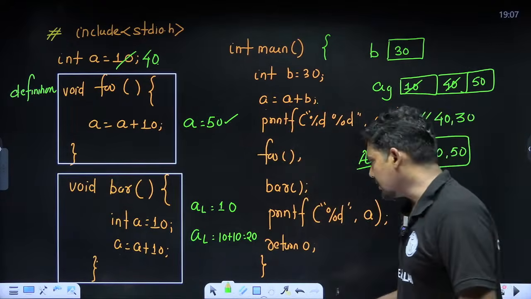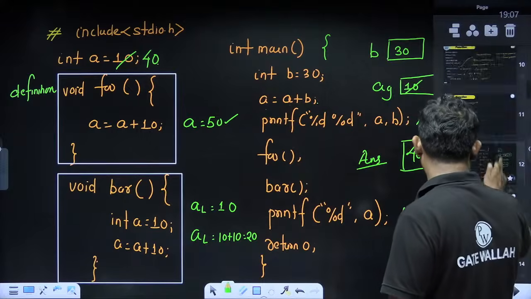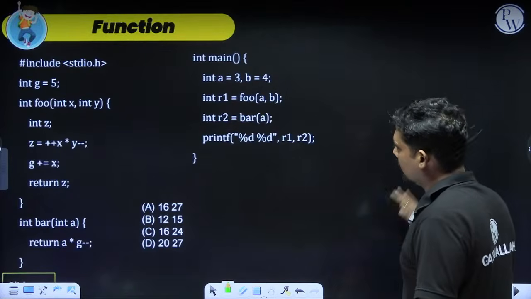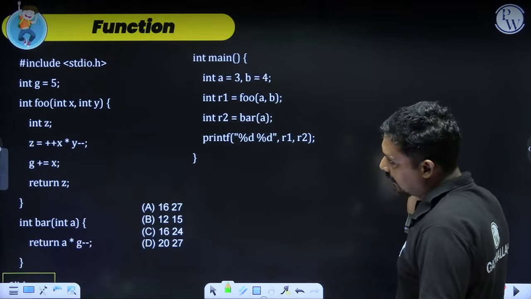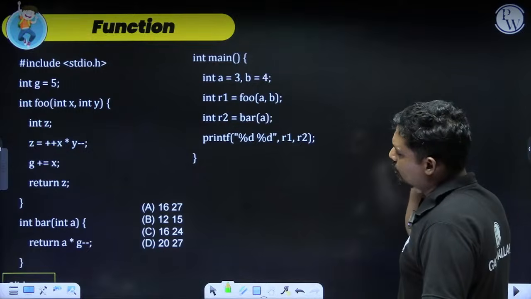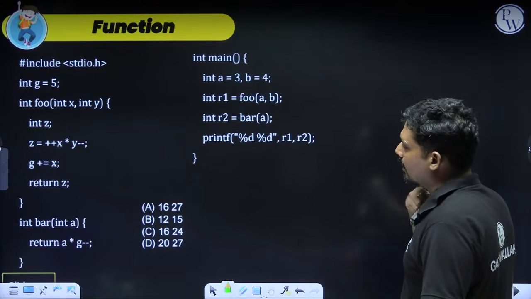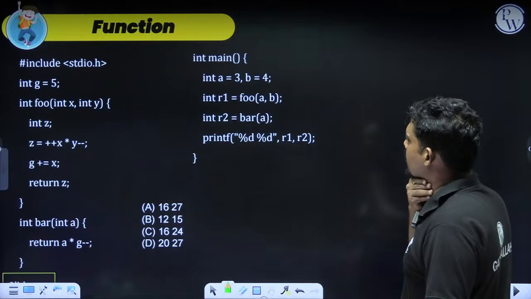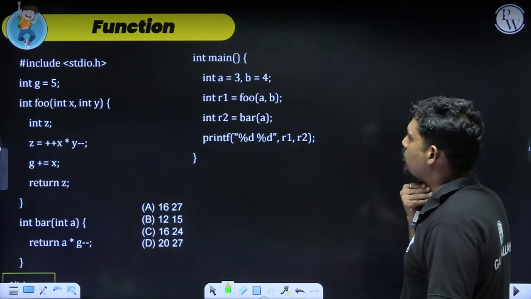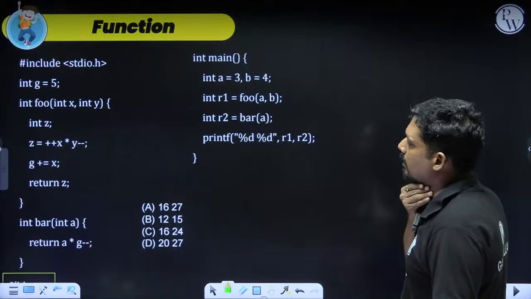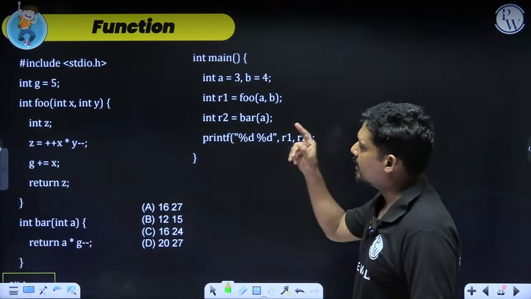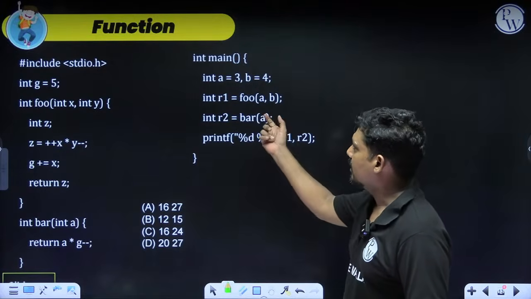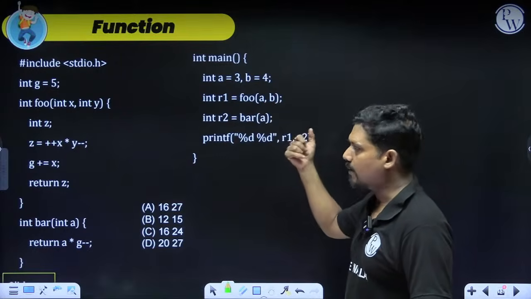Are you able to understand the entire question over here? Can you see this particular question, and can you guess the output? There is a global variable, there is a foo function, there is a bar function, A and B are passed, and bar A has been passed.